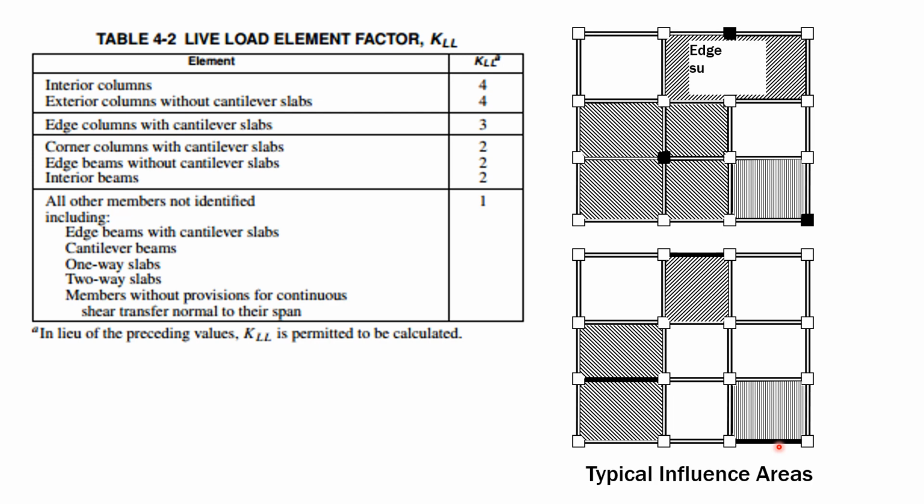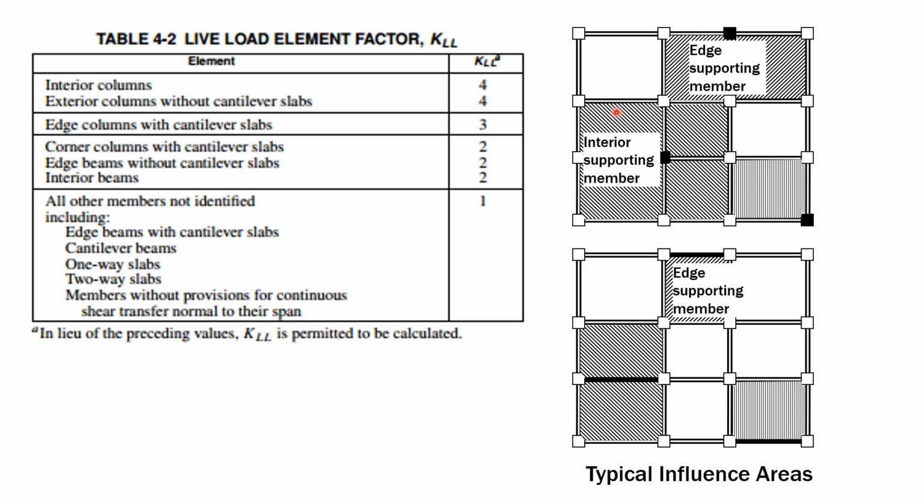So typical influence areas: for the edge supporting member, this is the influence area for this member here. This is the influence area for that member. For this member here, this is also an edge supporting member, and this is its influence area.